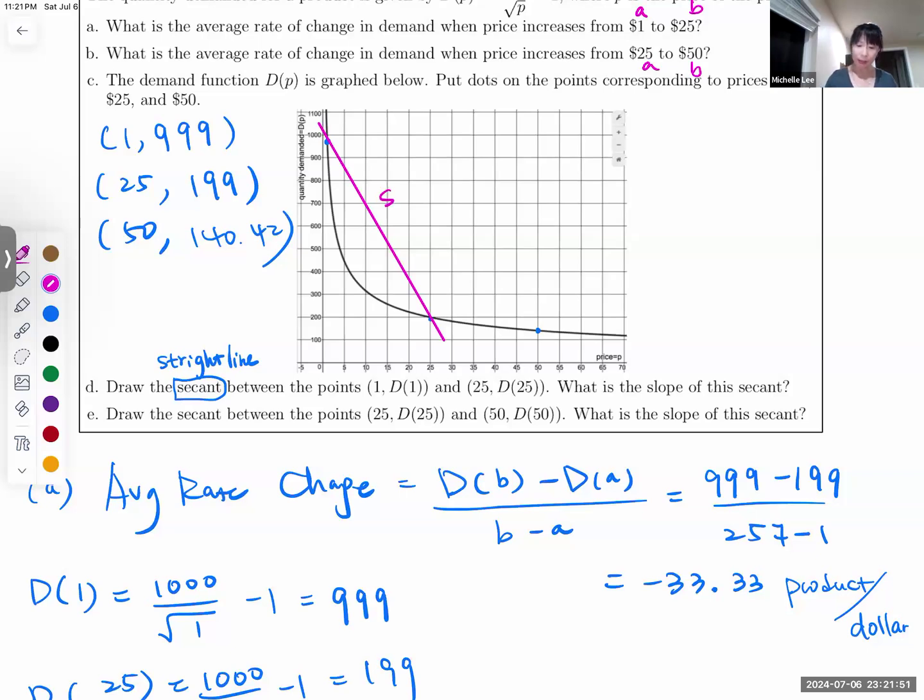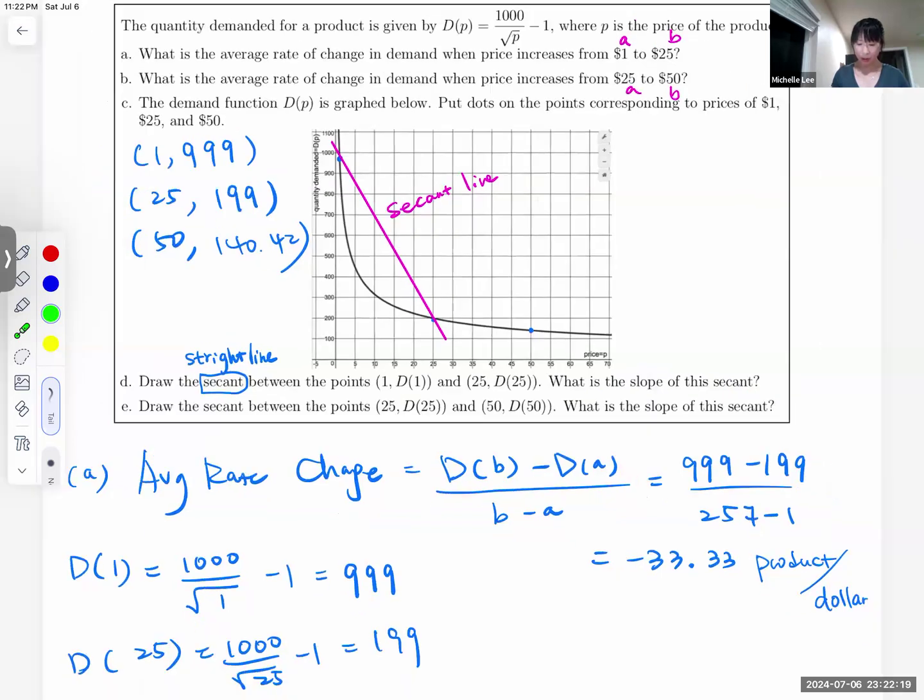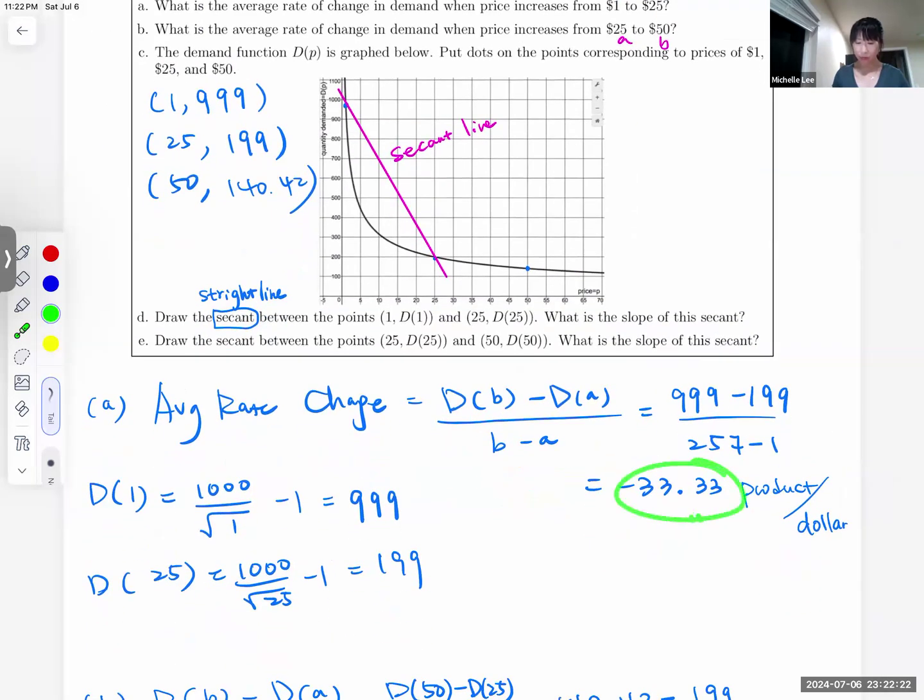So we call this a secant line. Make a straight line from the 2 points. Now the last one, oh, I omitted this one. What is slope of this secant? Slope is the same as average rate of change, right? So that is the slope. This is also slope, right?